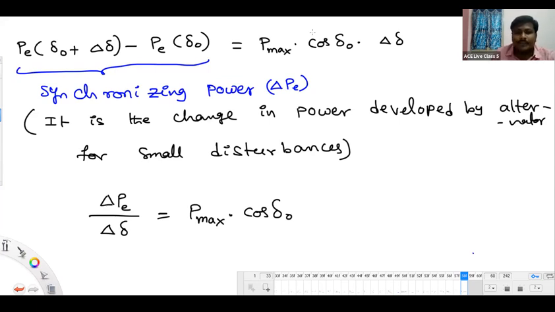And as delta delta is a very, very small value, we can rewrite this delta PE by delta delta as dPE by d delta also.